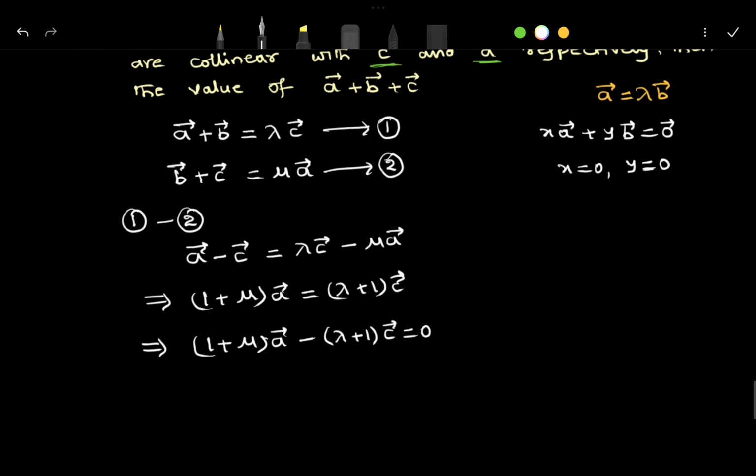So according to this concept, you can write that mu plus 1 is equals to 0 and lambda plus 1 is equals to 0. So I think everyone is very clear on this concept.